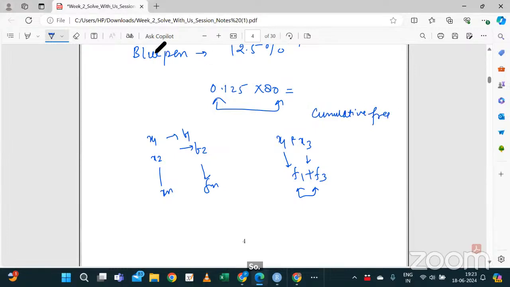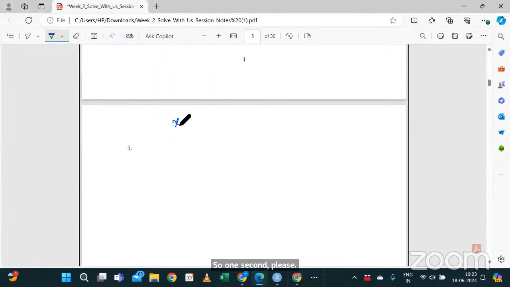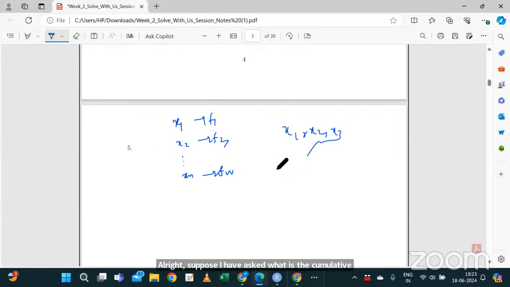Cumulative frequency is nothing but, suppose I have observations x1, x2 up to xn, and there are frequencies for each observation. If I ask the cumulative frequency of the observations x1, x2, x3, we have to add the frequencies for each of these categories: f1 plus f2 plus f3.